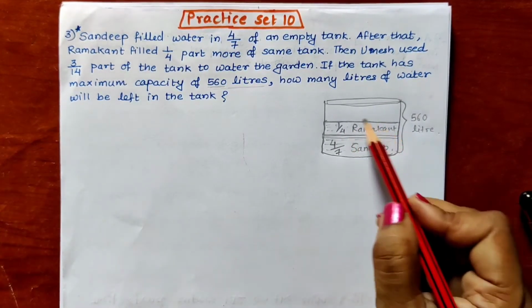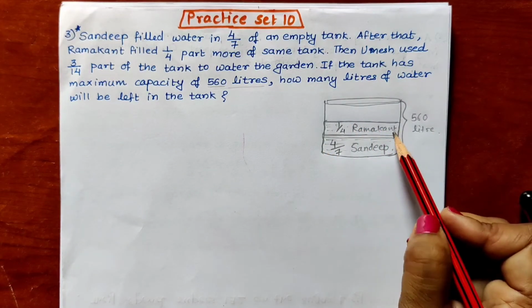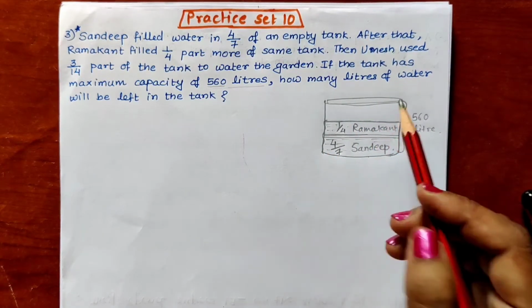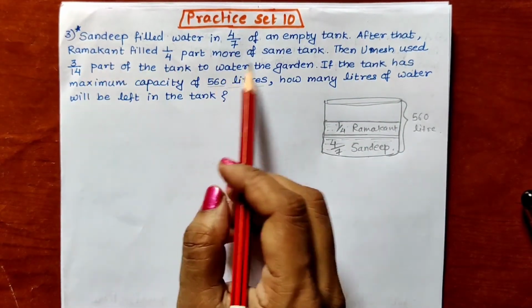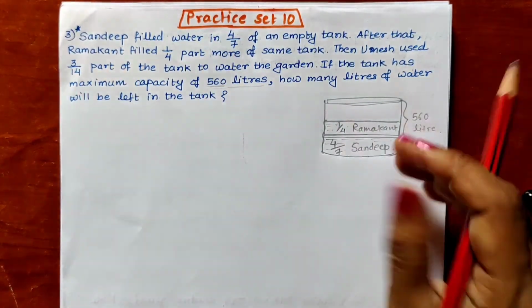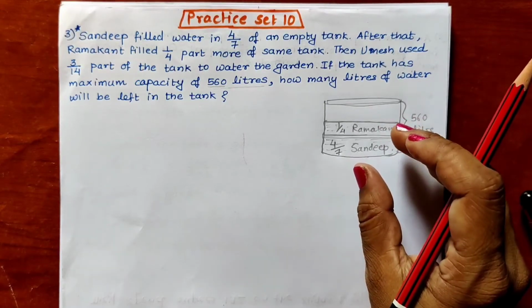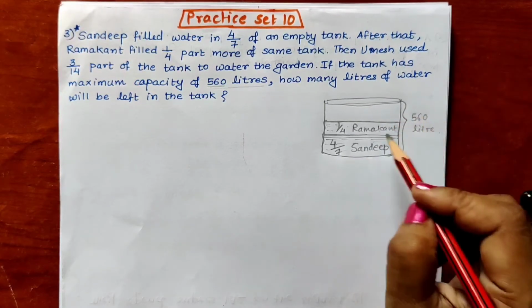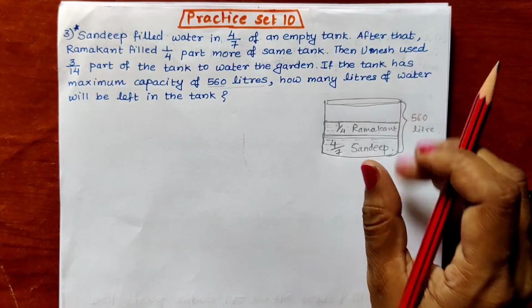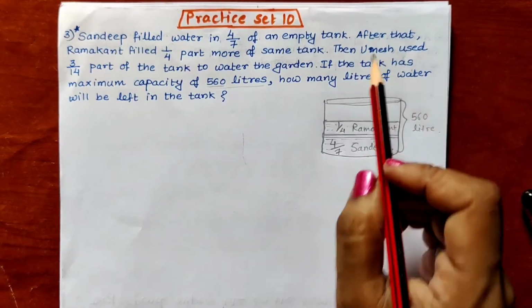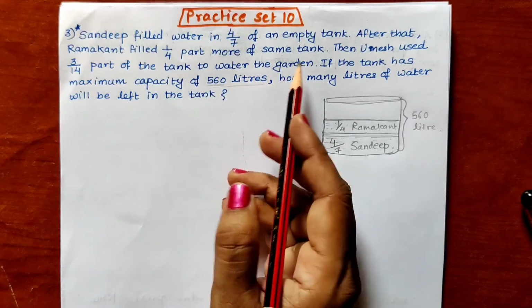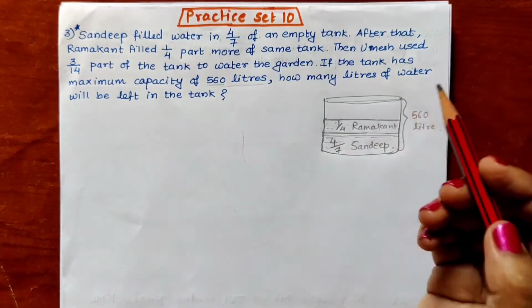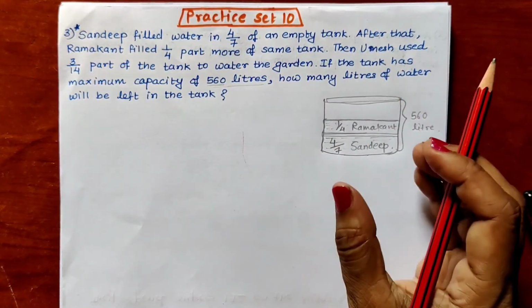And from this total part filled by Ramakant and Sandeep, the water used by Umesh to water the garden is 3 upon 14. From this water Umesh has used 3 upon 14 part of water to water the garden. So we have to find out how much water is left.